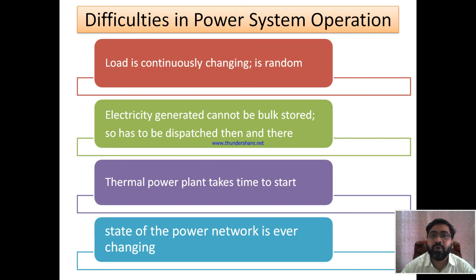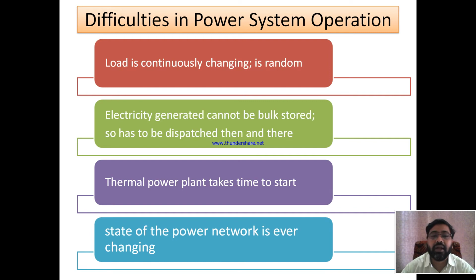There are few possibilities. There is still research going on in the area of power storage. So you cannot store it. Once you are generating, you have to dispatch the generated power so that it has to be met to the load. So you have to generate optimally what is required, irrespective of whether the load is changing or it is constant.